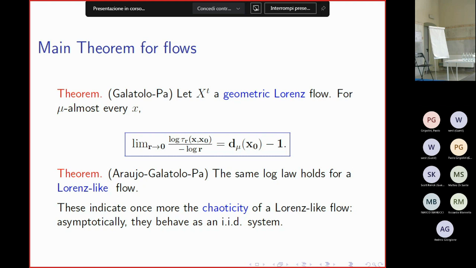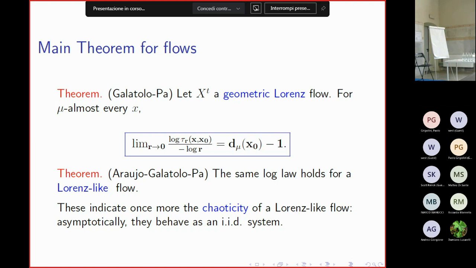You can have more than one singularity, and there is some other condition on the behavior of the flow that guarantees that the behavior is more or less like the geometric Lorenz flow. We proved this with Victor Araújo, and this kind of result indicates the chaoticity of a Lorenz-like flow.